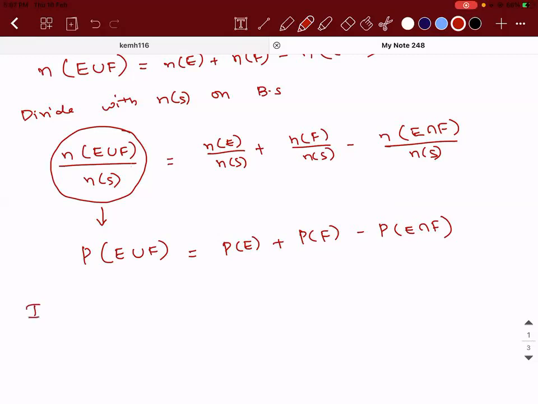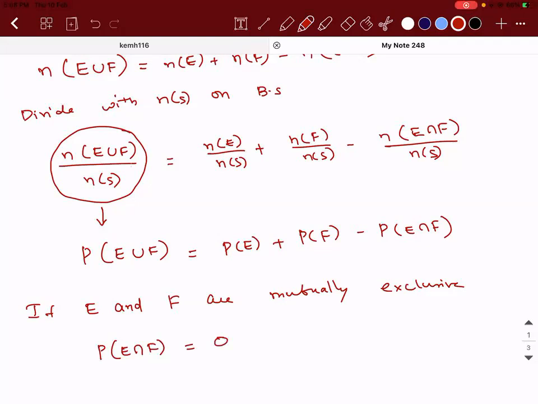Right. If E and F are mutually exclusive, then probability of E intersection F is equal to 0.